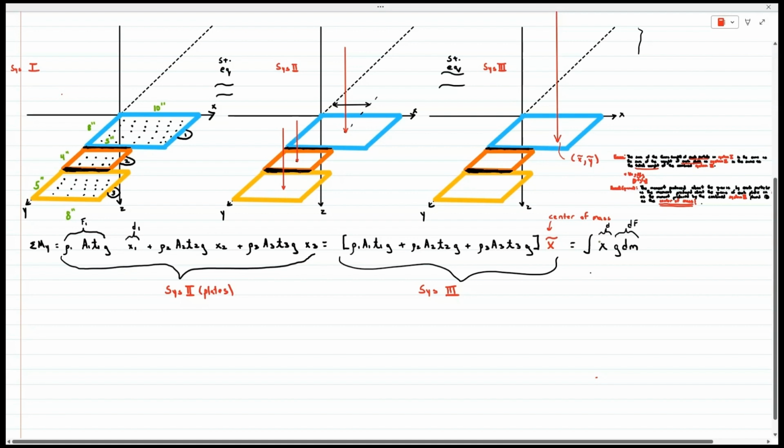If we summed up all of those, then what we would get is the moment about the y-axis. Each of these is essentially a sum of the moments about the y-axis.